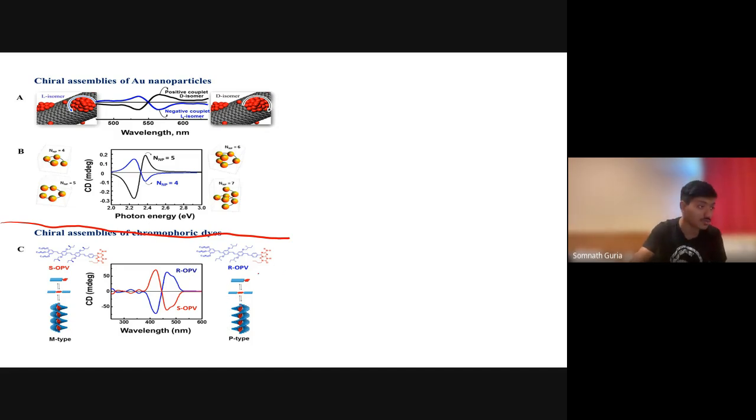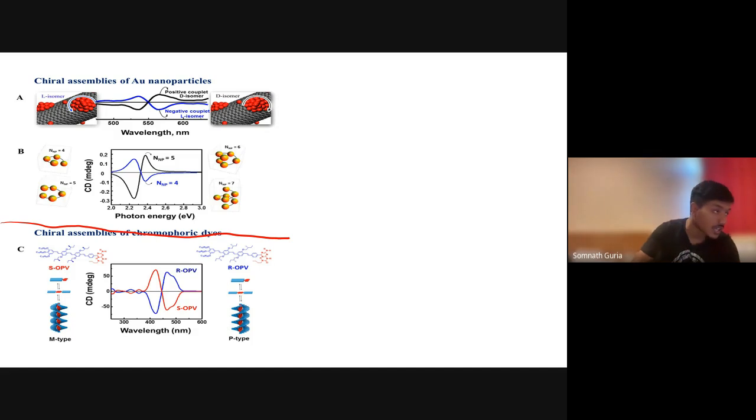Okay, so we have our molecules. If you increase the concentration, they are aggregating to each other in that particular solution, and depending on which polymer is present, they are forming a different kind of aggregation. One is making M-type aggregation, another is making P-type aggregation.